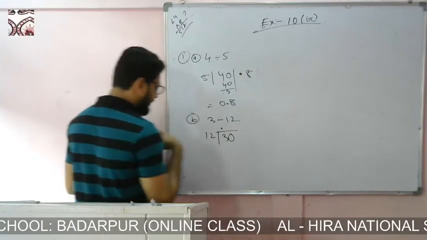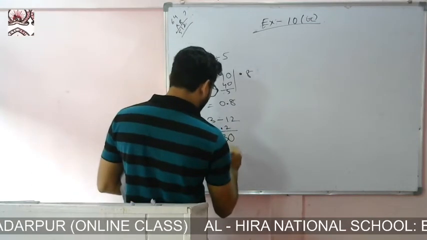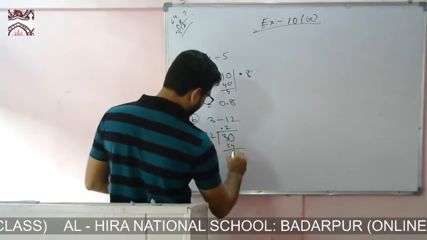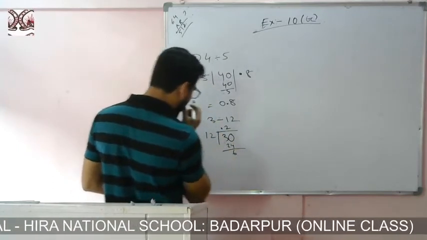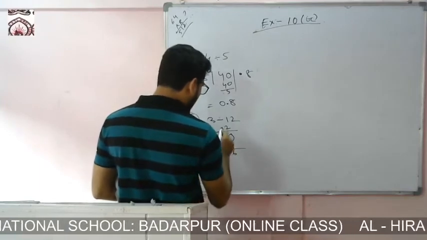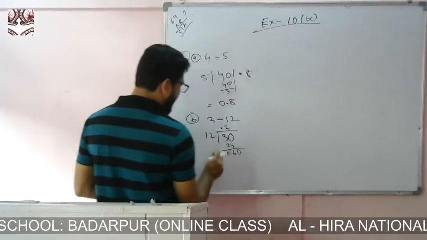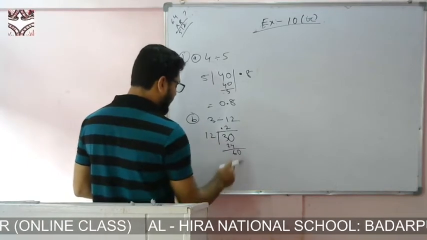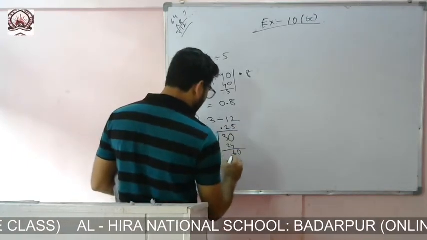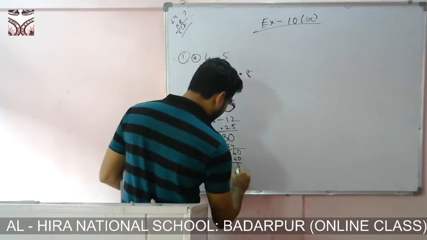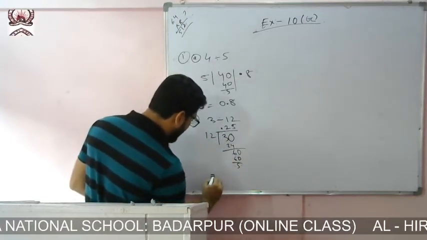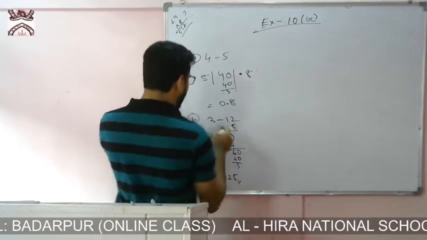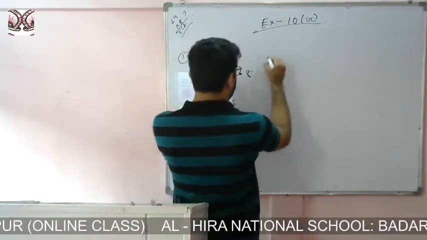Then 12 twos are 24 and 12 threes are 36. So here 10 minus 4, 6. Okay, the point is there, so we'll put 0. Here 2 minus 2 is 0, so we cannot put 0 on the left side. So here 60, then 5 twelves are 60. Okay, and you can write 0.25. Okay, now come to C.